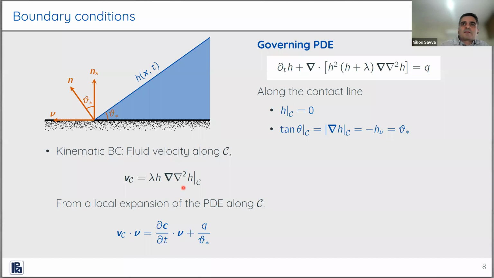Of course, this can be done, but it is numerically tedious because we need to have a diverging pressure. The pressure scales with the Laplacian of H. So we have a diverging pressure. In order to alleviate this, we slightly modify the slip law and the model for the slip.